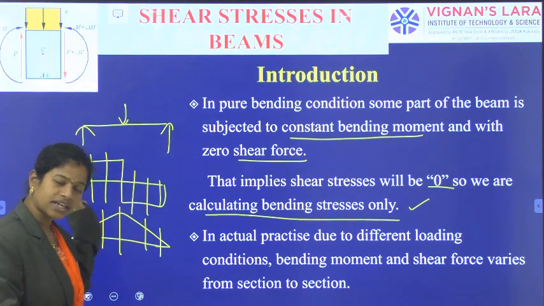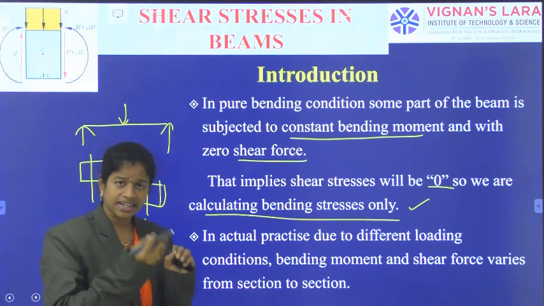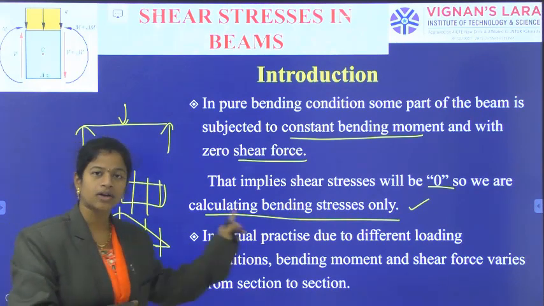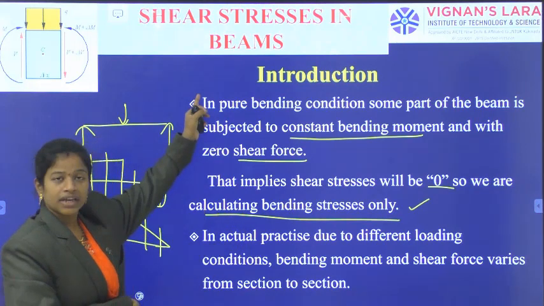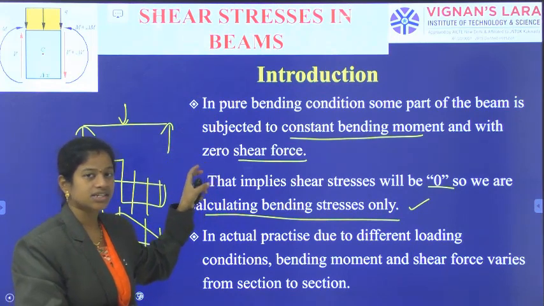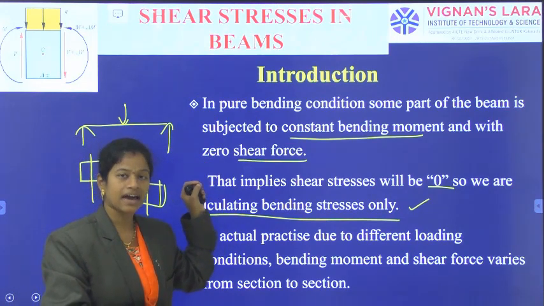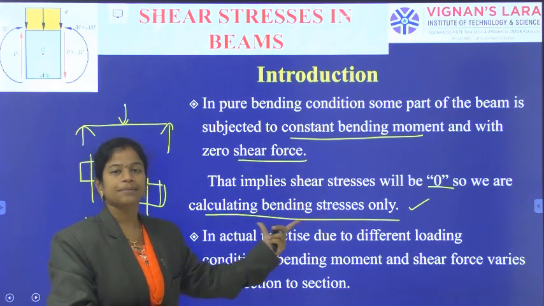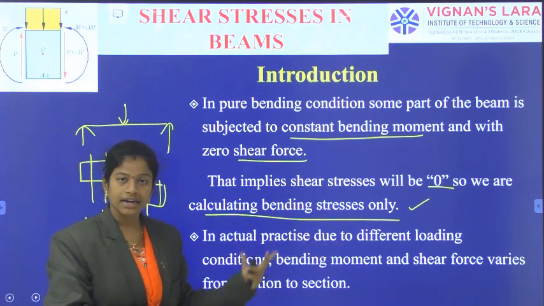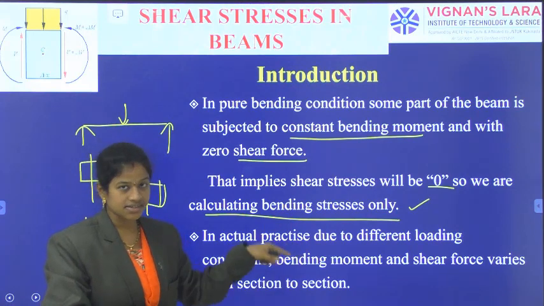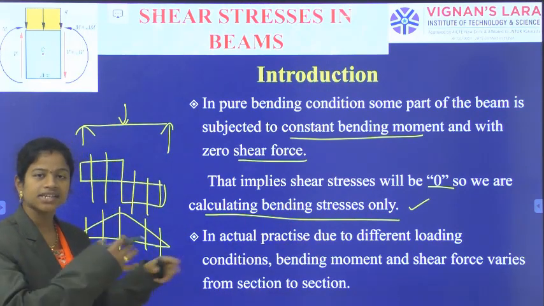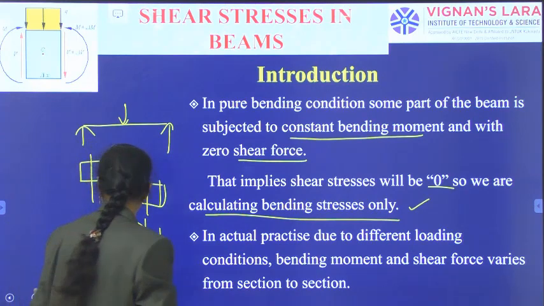In pure bending, I considered shear force equal to 0, so only the bending stress was calculated. But generally shear stress also exists, because shear force is there at every section due to the loading combinations.